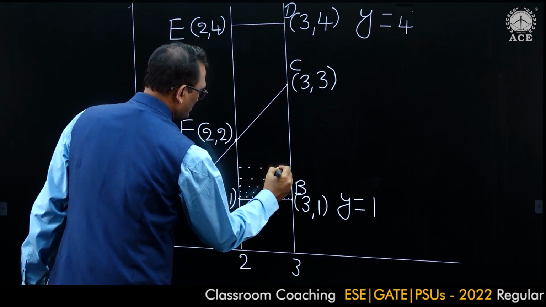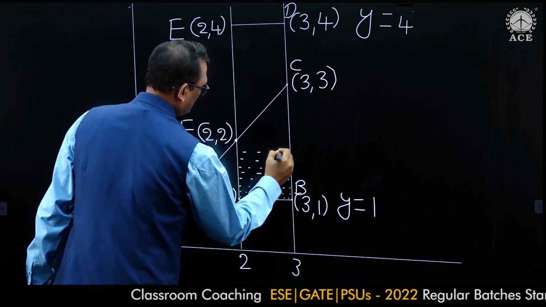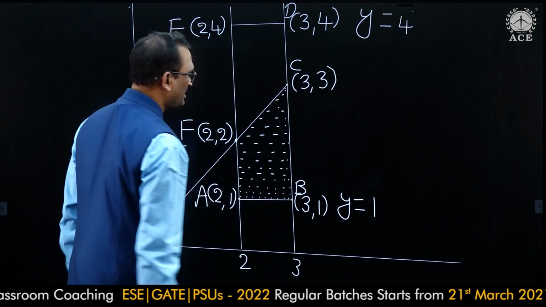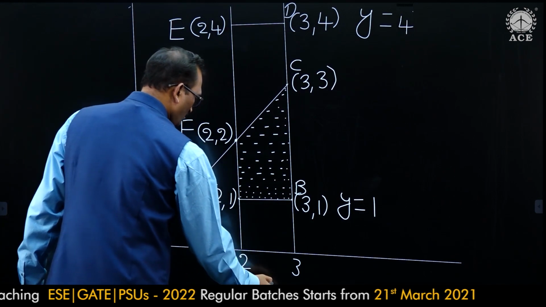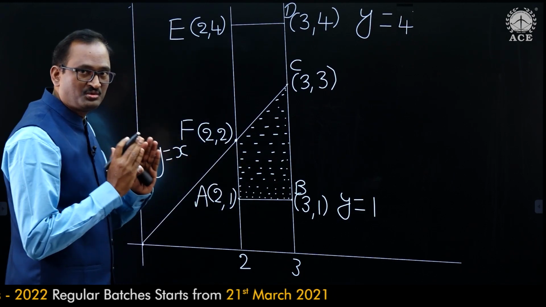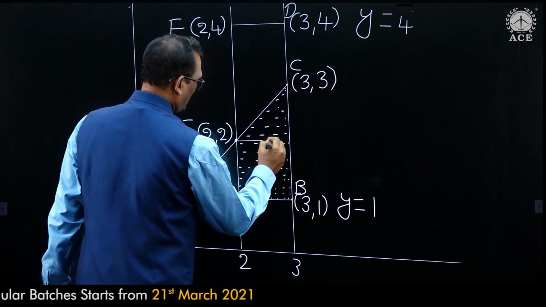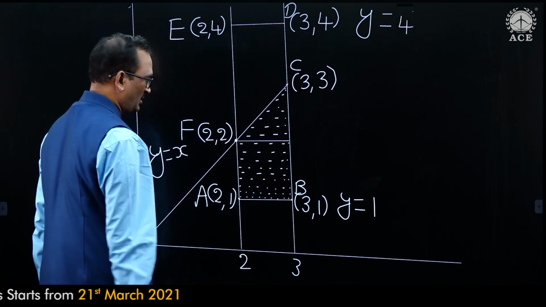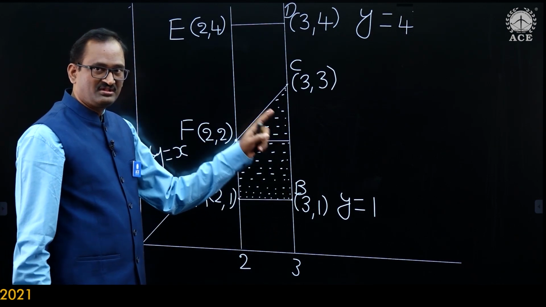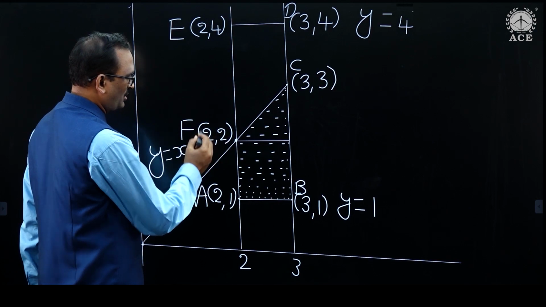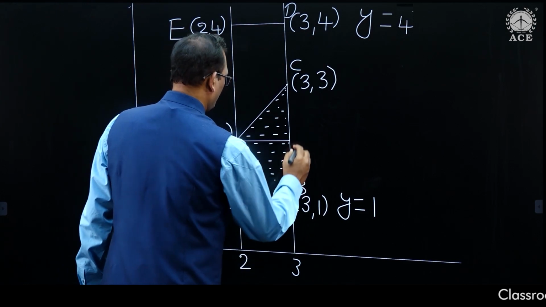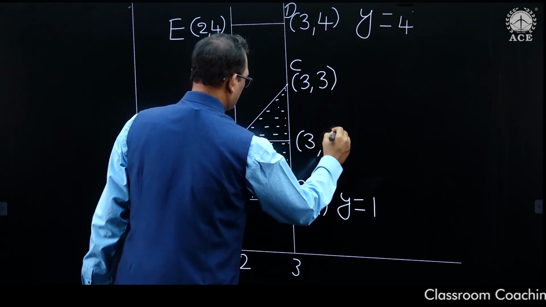This is a trapezium area, or I want to split this area into two parts, the first part and the second part, using a straight line parallel to the x axis, that is y is equal to 2. This is the y is equal to 2 line, and this is x is equal to 3, y is equal to 2.